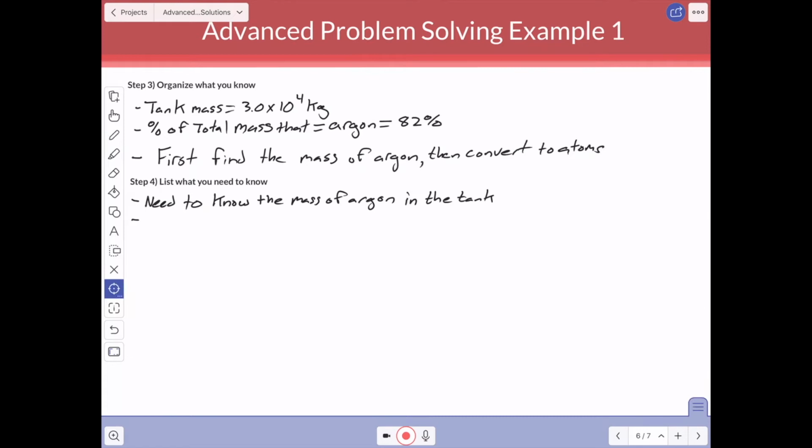What do I also need to know? I need to know my metric prefix conversion, right? Things I need to remember.